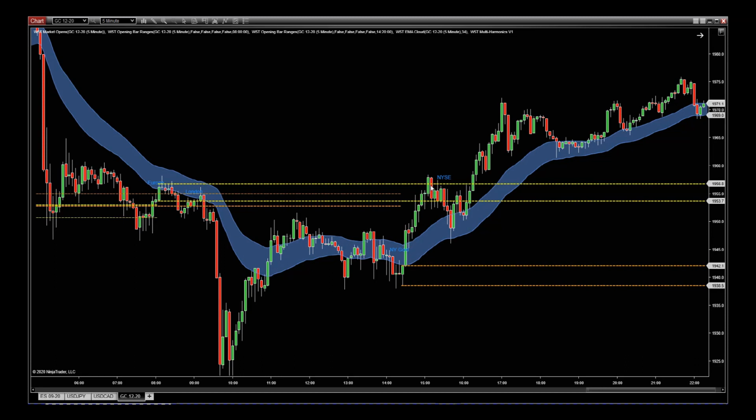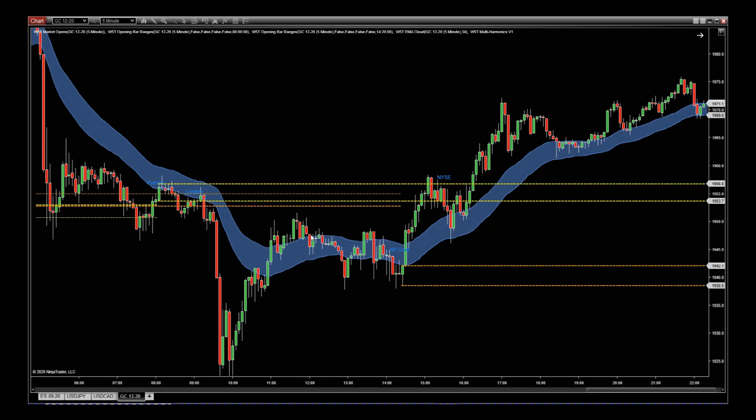You can see how the Europe open for gold found resistance initially. We came back down to test support on the EMA cloud, and then we pushed through. So if we took profit when it couldn't push through the London Open, found a high support level on the cloud, when it went back through that earlier London Open range, we had the long there.